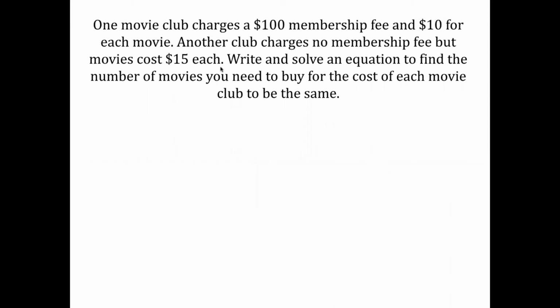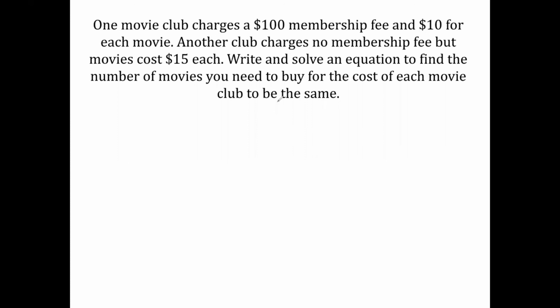Okay, let's go ahead and look at this word problem. We're given that one movie club charges a $100 membership fee and $10 for each movie. Another club charges no membership fee, but movies cost $15 each. Write and solve an equation to find the number of movies you need to buy for the cost of each movie club to be the same.